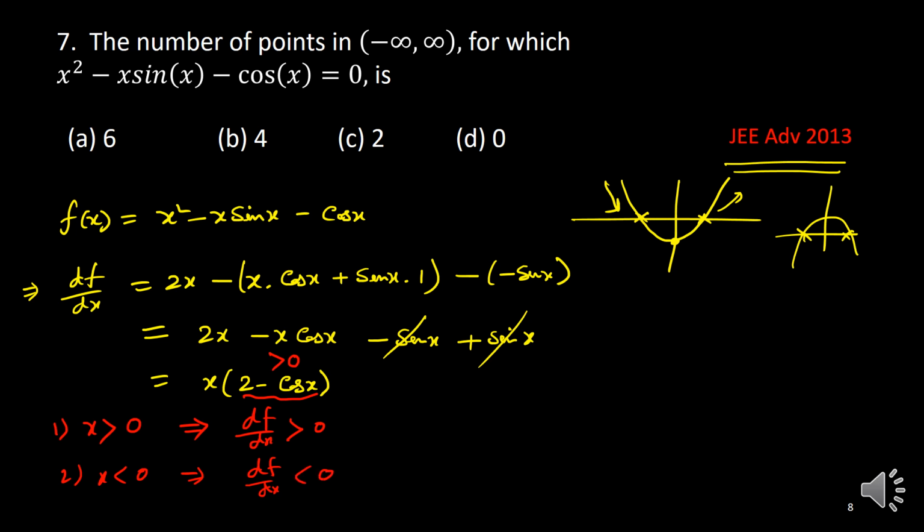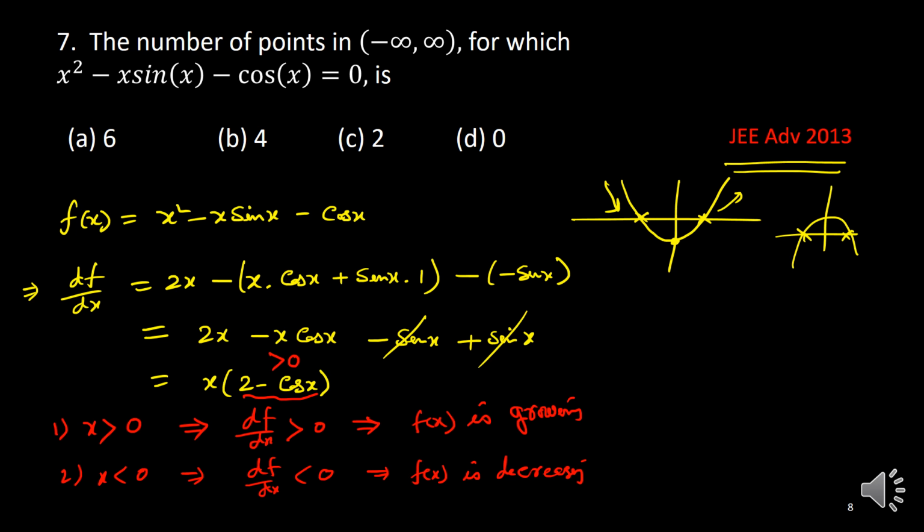So positive derivative means what? This implies f of x is growing. Okay, growing function. And this implies f of x is decreasing. The function value is decreasing continuously, monotonically. It is not that sometimes positive, some negative.